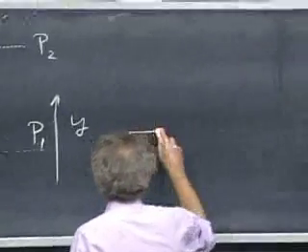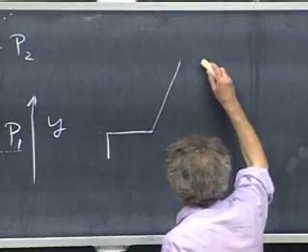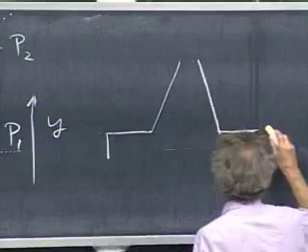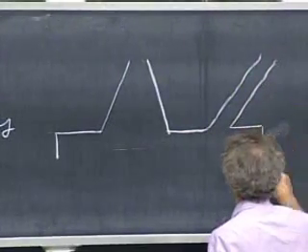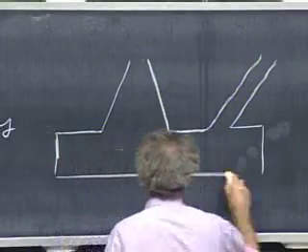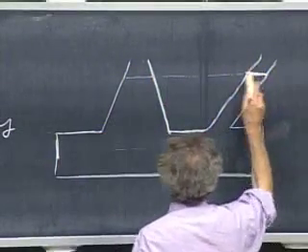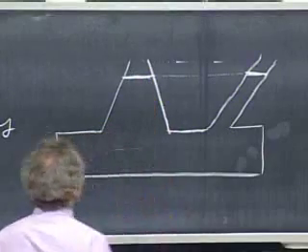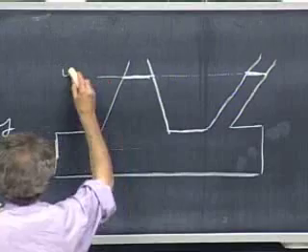This has quite bizarre consequences. Suppose I had a vessel that I fill with a liquid that had a rather strange shape, like so. I would fill it with liquid to this level. And the level here is y2.